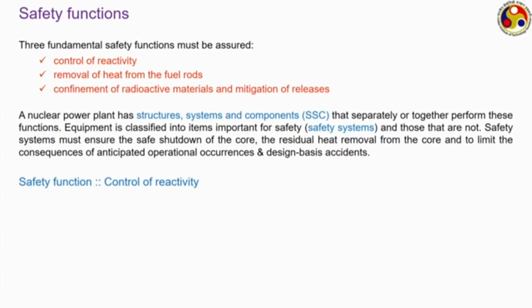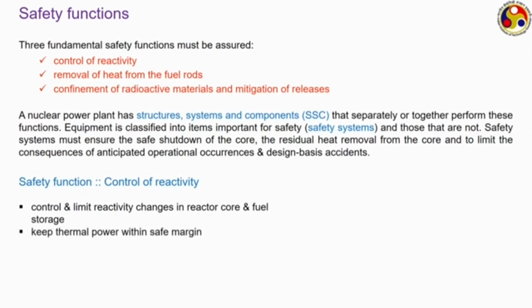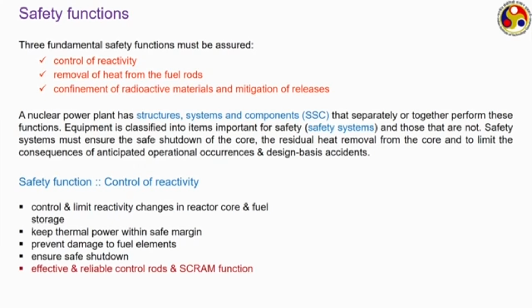Now, to have the safety function for control of reactivity, we need to ensure that the reactivity is limited in the reactor core and also in the fuel storage plant. The thermal power is kept within a safe margin, and damage to the fuel elements must be prevented. It also ensures safe shutdown of the reactor whenever desired.